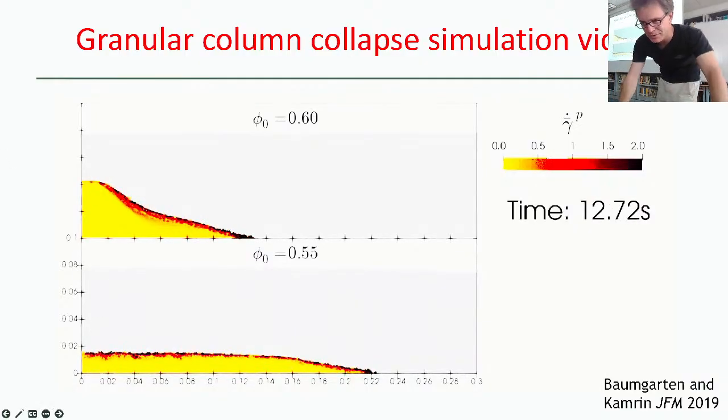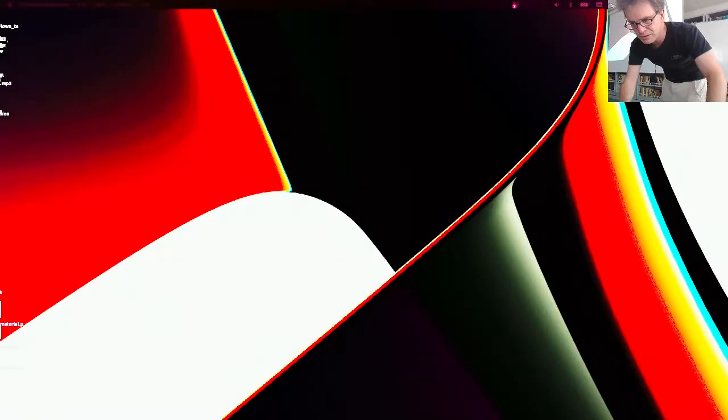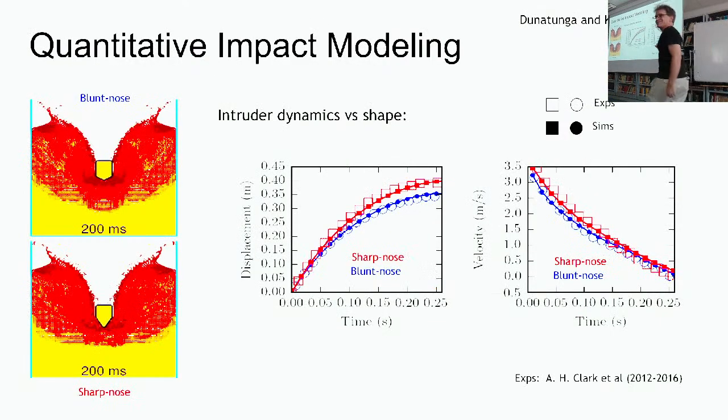I'll show you something fun. We did a very special test of the bullet simulation. We shot the bullets into the granular media and compared it to the experiments. And this was mu of I. In these tests we turned on the rate sensitivity, which you're always welcome to do, and we looked at how deep the bullets shoot into the granular media.